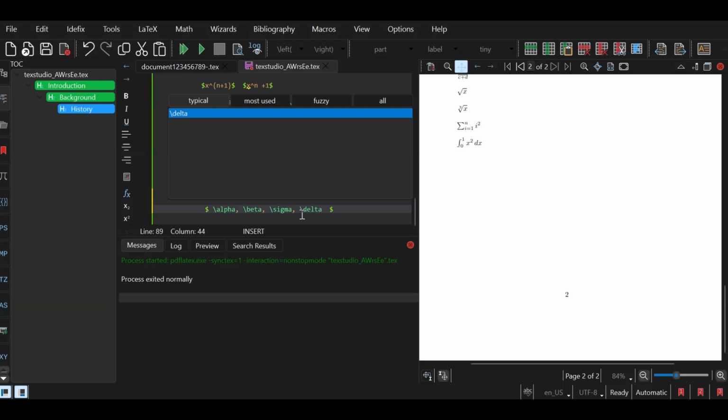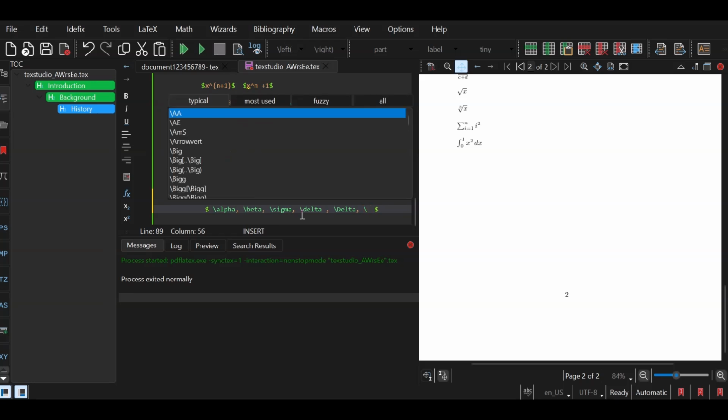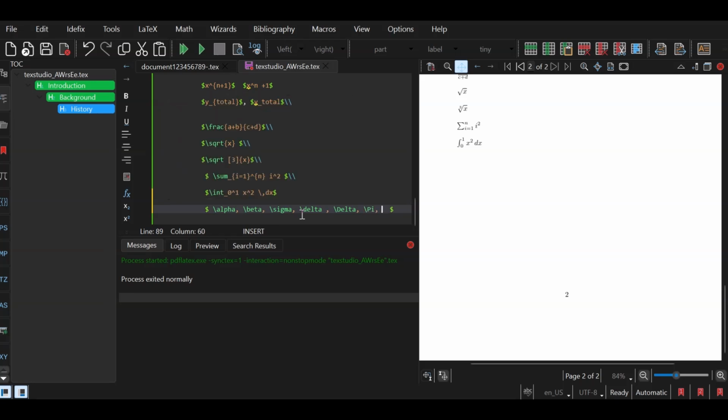And for uppercase, same, just write the first letter as a capital, then pi, then sigma. Okay, then just compile all of them.